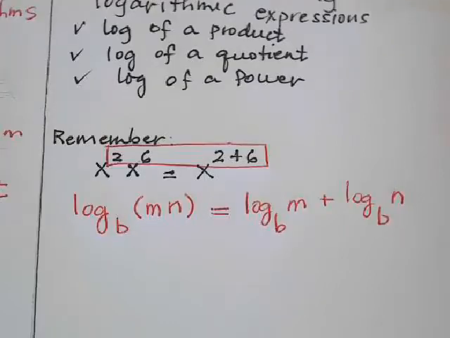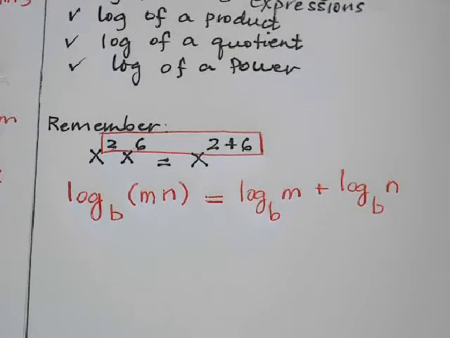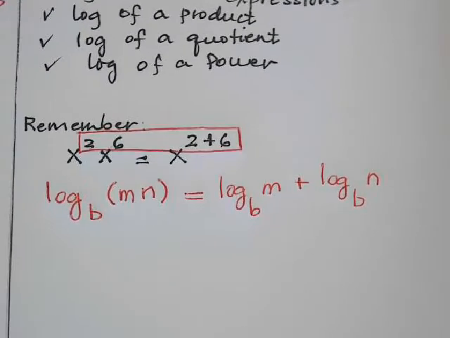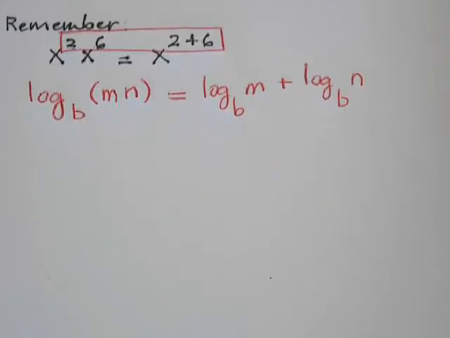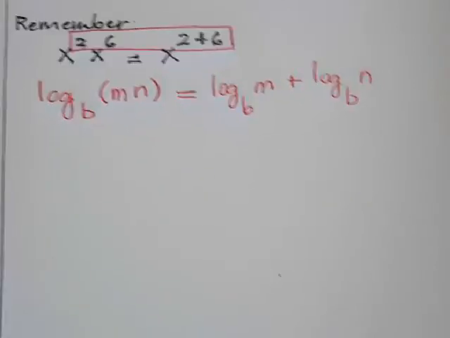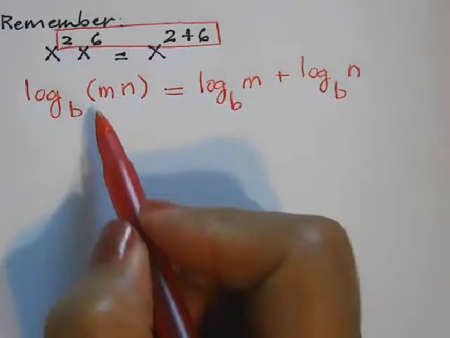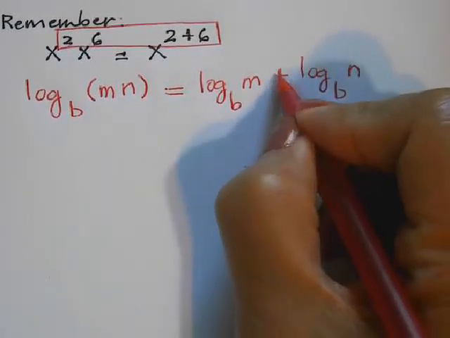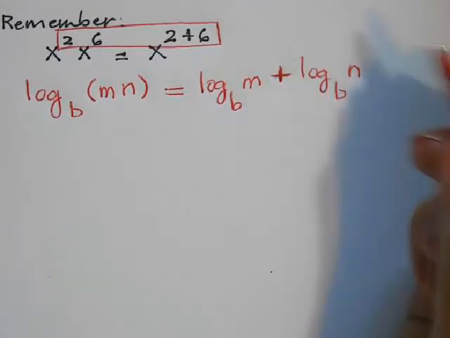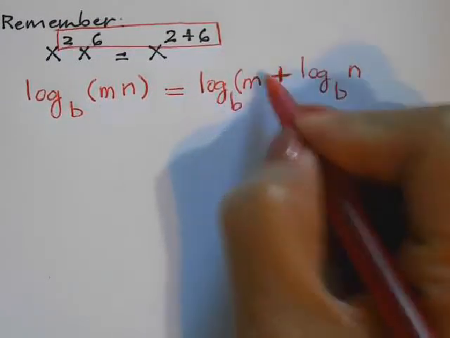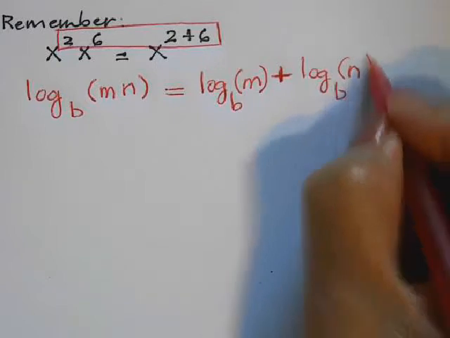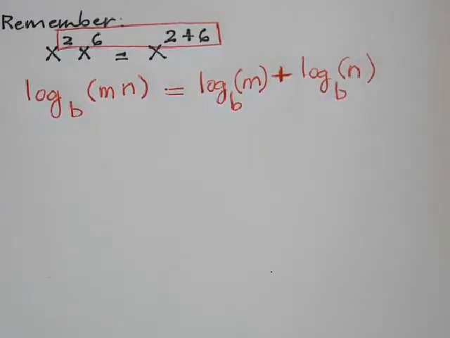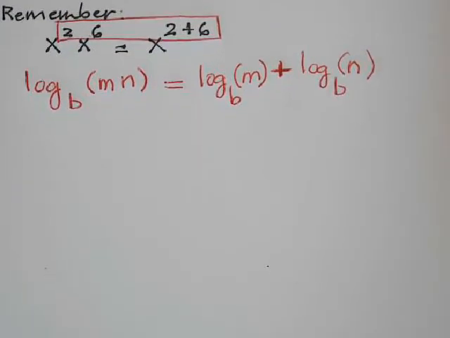So that's the first rule. The log of a product says if you are expanding a product, you will expand it as a sum, plus, not multiply. I'm going to put parentheses here just to be sure it's clear.